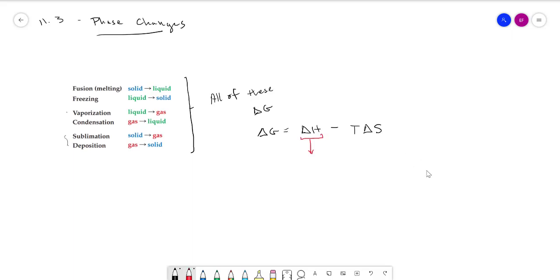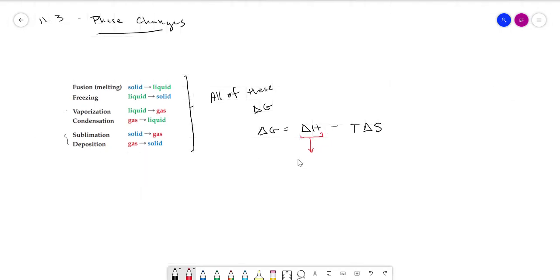So recall that one of the most popular and most important equations in all of general chemistry you'll ever learn is this notion that the change in free energy, or delta G, of one state to another is a function of two primary variables. One is the change in enthalpy, or delta H, which is really the heat flow, either heat going in or heat going out of the system.